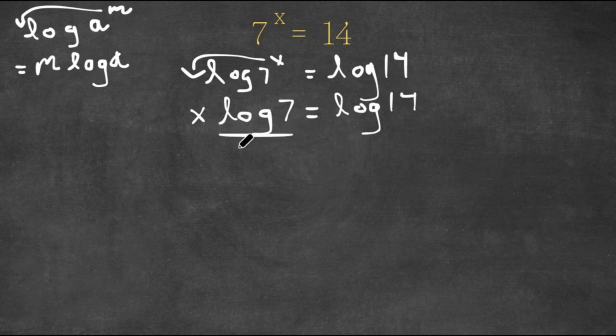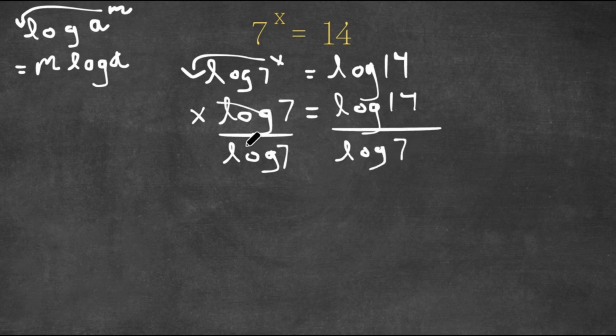Now I'm going to divide both sides by log 7. So these two cancel out, and I have x is equal to log 14 over log 7.